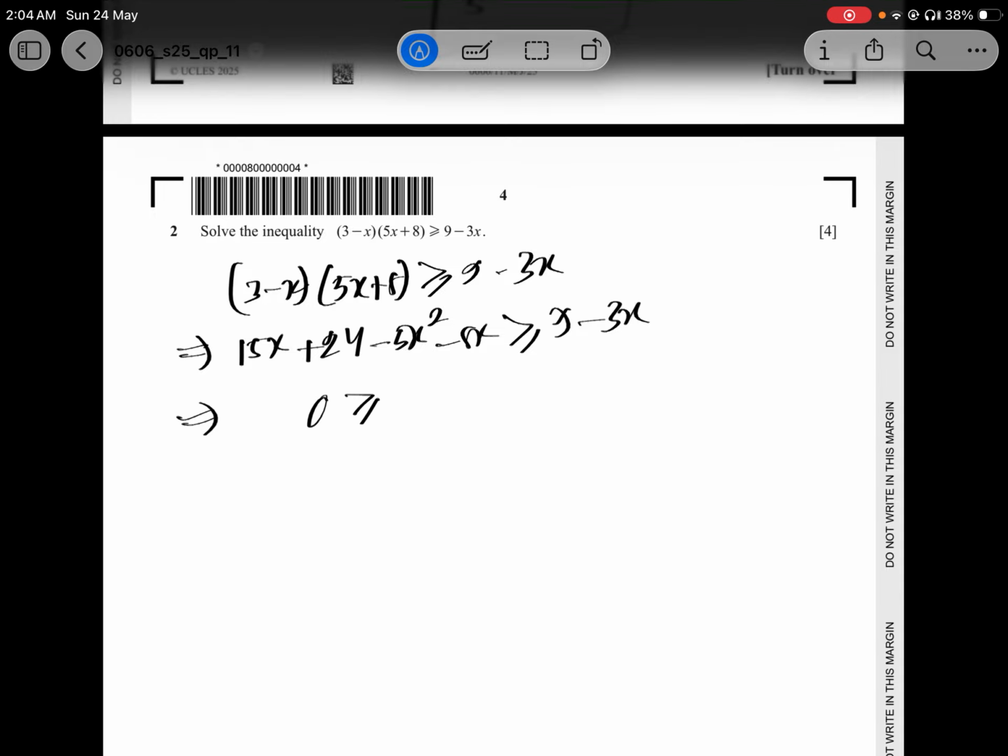I'll turn everything to the right hand side. So first thing first, 5x squared would be positive. Okay, 7x, positive 7x, that would become minus 10 of x. Now 24, that would become minus 24 on the right hand side. So 9.